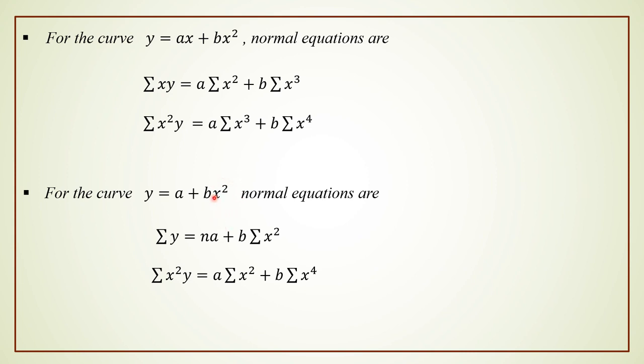Then you have the x square term. So, multiply x square throughout. So, it becomes summation x square y equal to a into summation x square plus b into summation x to the power 4. So these are the two normal equations in the case of y is equal to a plus bx square.